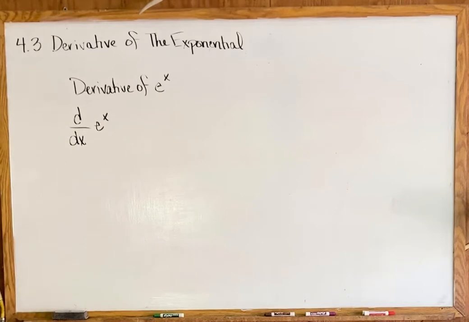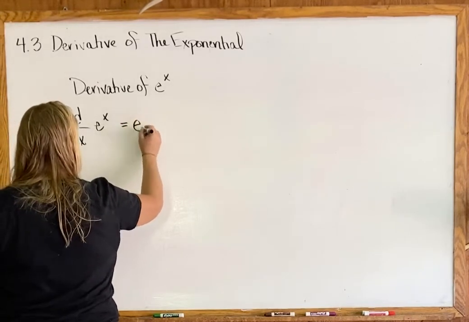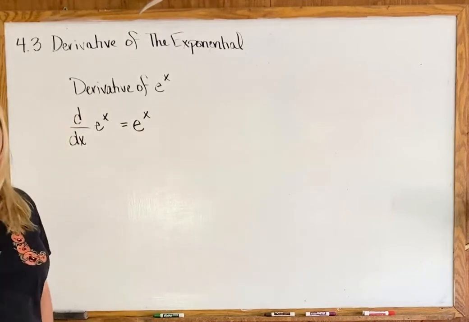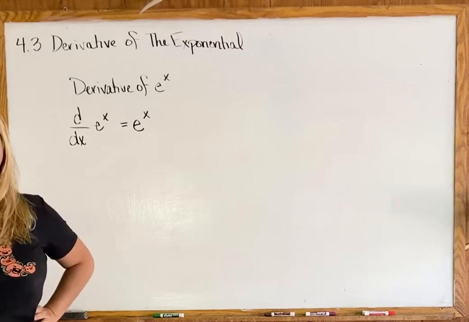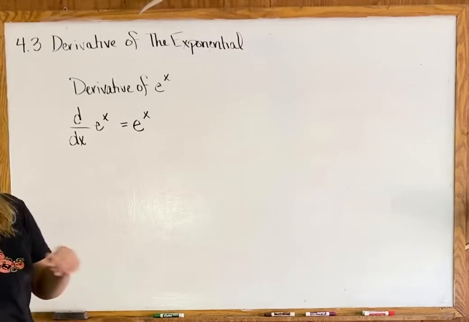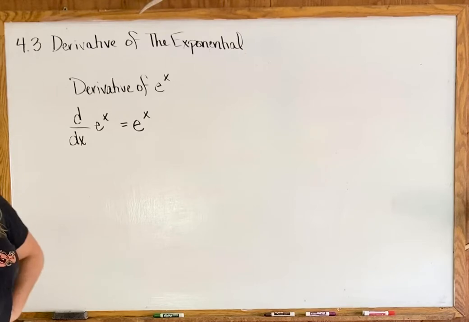Okay, now, wait for it here. If you want to take the derivative of e to the x, the derivative is e to the x. I know you're like, wait a minute, you forgot something, but the derivative of e to the x is itself. So e to the x and the derivative of e to the x are the same thing.